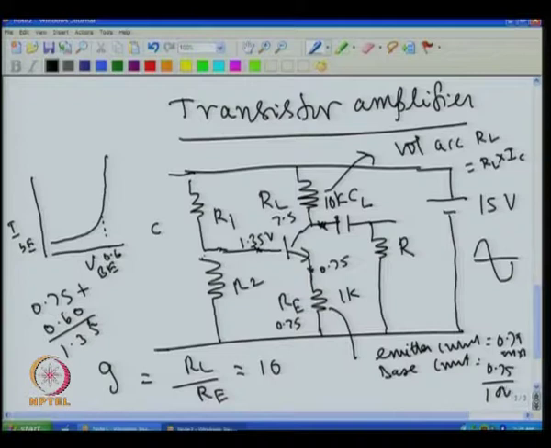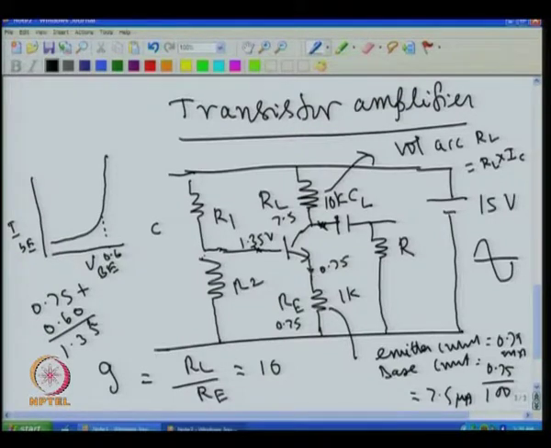Here we are taking 100 as the beta of the transistor. So, that will be 750 microampere divided by 100, that is 7.5 microampere current. So, this base current comes out to be 7.5 microampere.